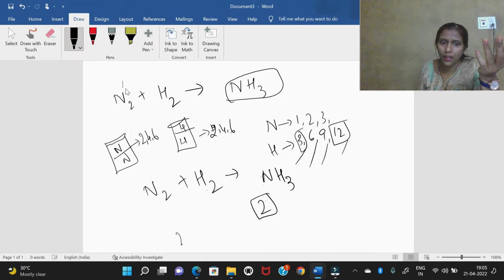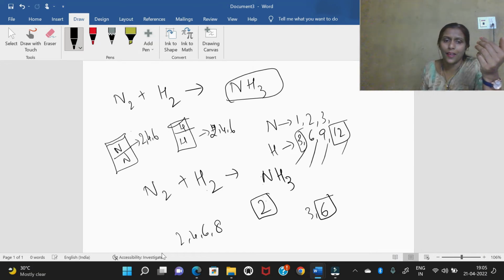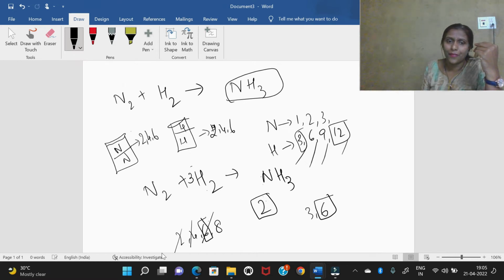So here every time it is coming with multiples of 2, 4, 6, 8. Here it is coming with multiples of 3, 6. It means one bag has 2 hydrogens, the second bag has 4 hydrogens, and the third bag, if I give it, has 6 hydrogens. Give 3 bags, so your equation gets balanced.